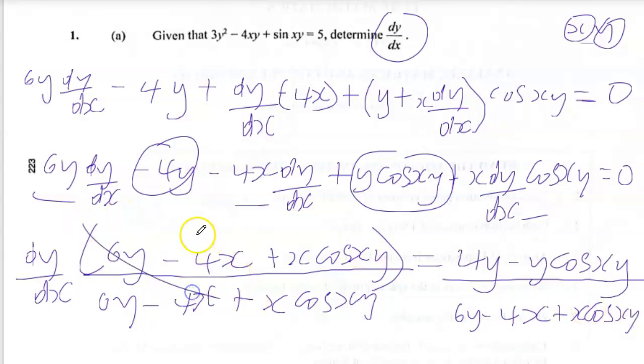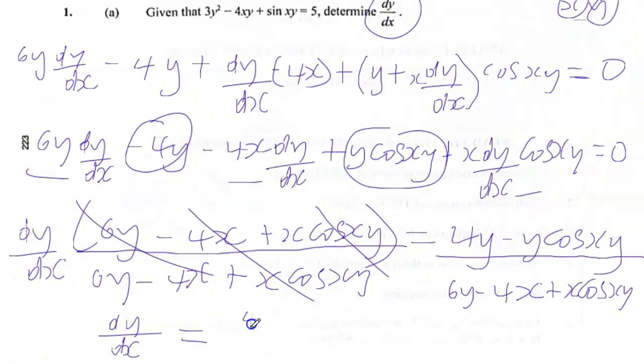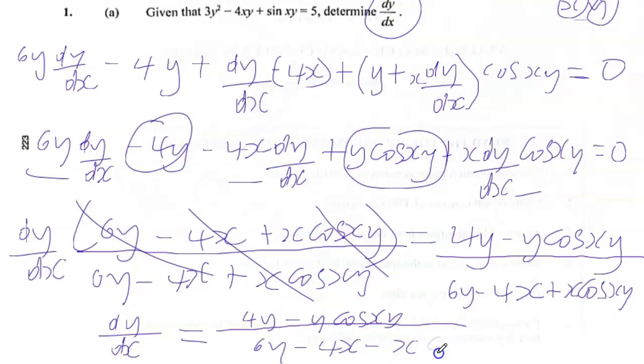So that cancels that, and we have our expression for dy by dx. So dy by dx is 4y minus y cos xy all over 6y minus 4x minus x cos xy.